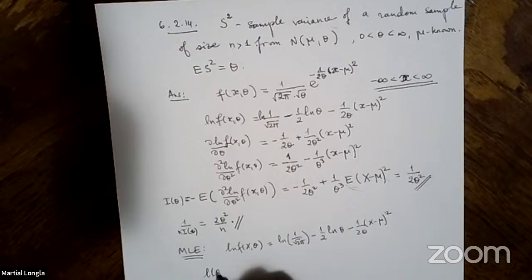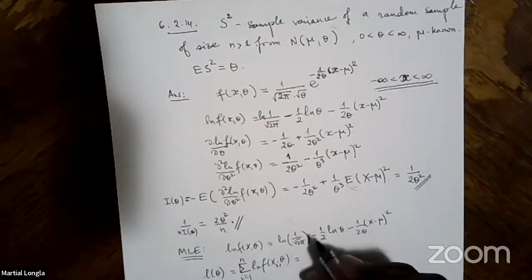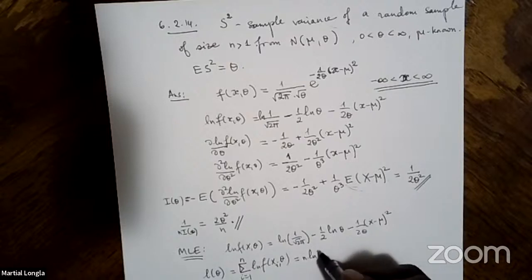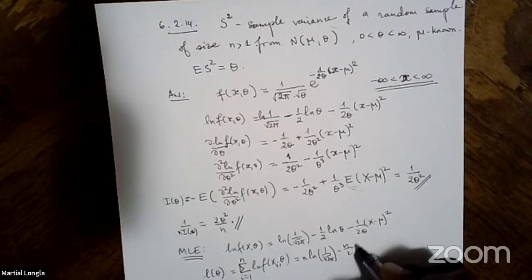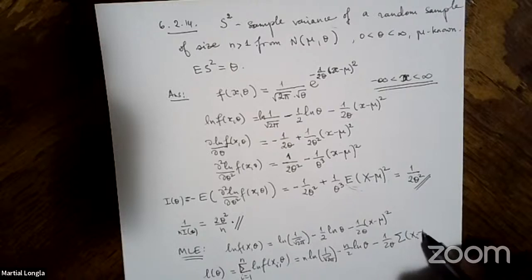The log likelihood function is the sum from i equals 1 through n of natural log of f of xi theta. That sum is going to be this thing n times. So it's n natural log of 1 over root 2 pi, minus n over 2 natural log of theta, and then minus 1 over 2 theta times the sum from 1 through n of (xi minus mu) squared.